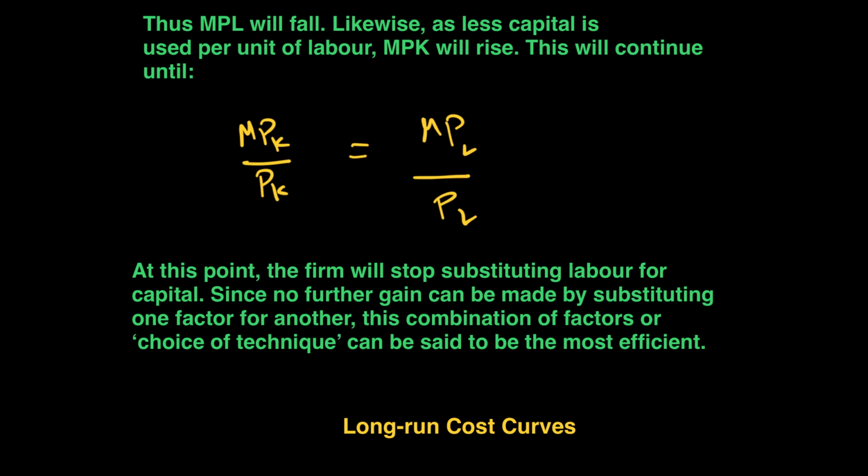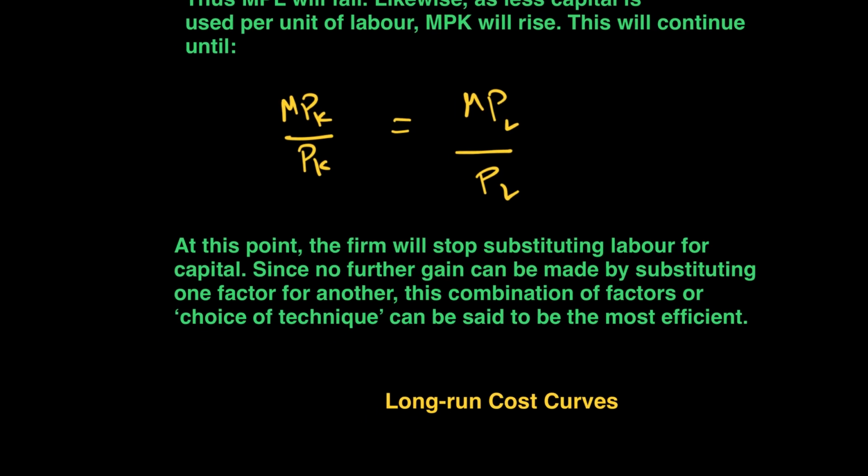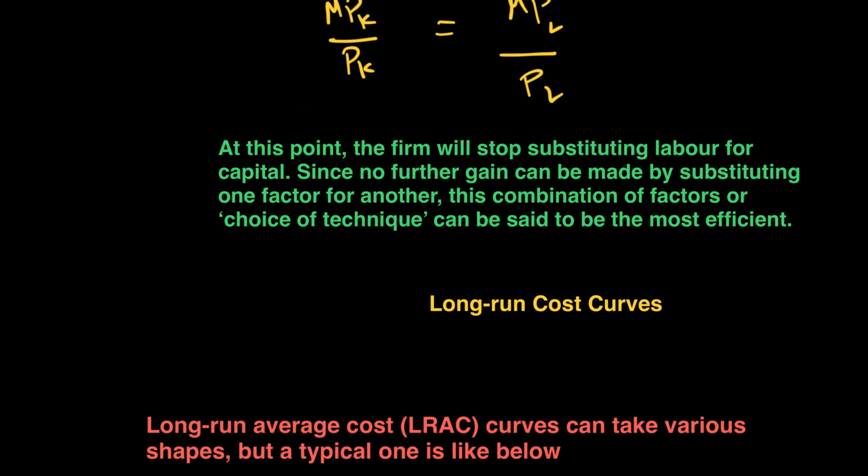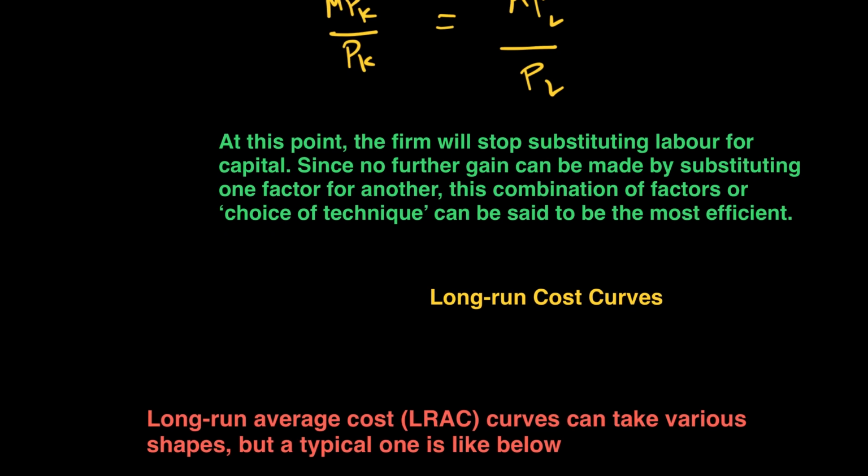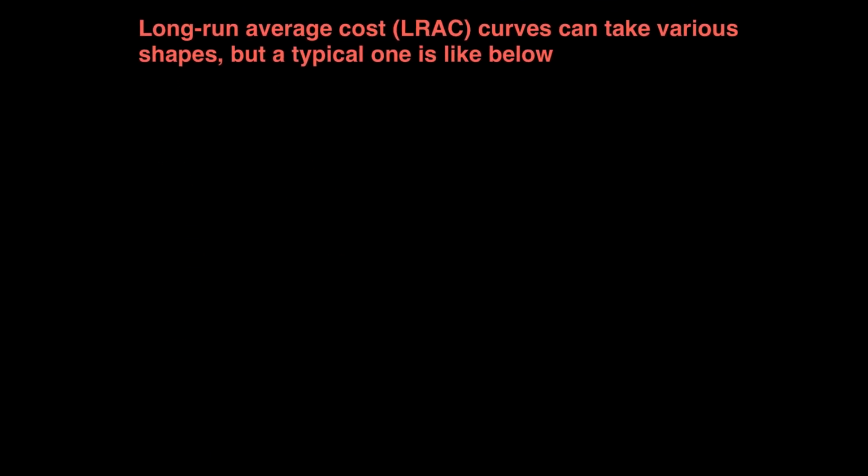Now I'm going to move on to talk about the long run cost curves. The long run cost curve can take various shapes, but the one I want to draw is the one below. Let's draw that curve. In fact, I want to put the two common cases that are normally seen.